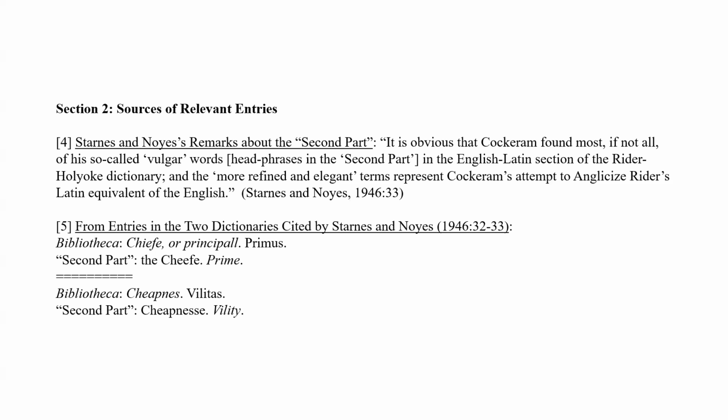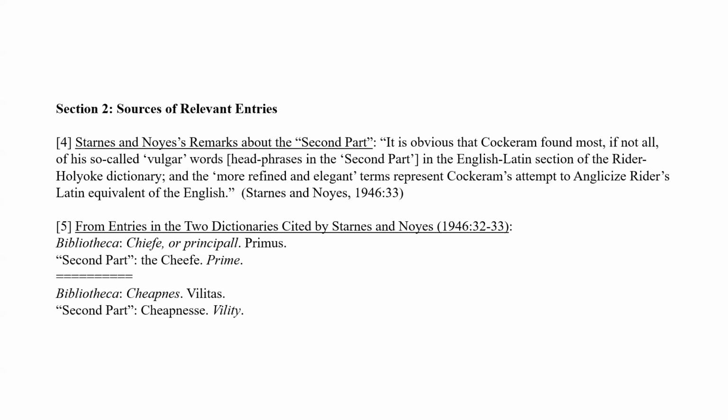In terms of refined terms, Cockeram based himself on the Bibliotheca concerning no more than 61 of them out of the 178, representing 34.3%. This is because the other 117 refined terms clearly have no relevance to the English-Latin dictionary.